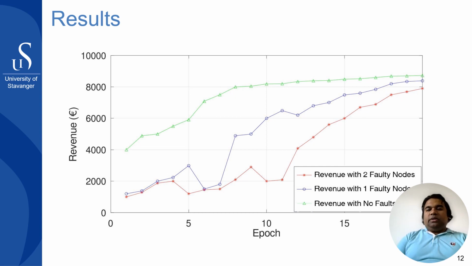So our learning algorithm is working. With two faulty nodes, it provides the least revenue, and it's always on the lower side compared with the other two. So this is very interesting.